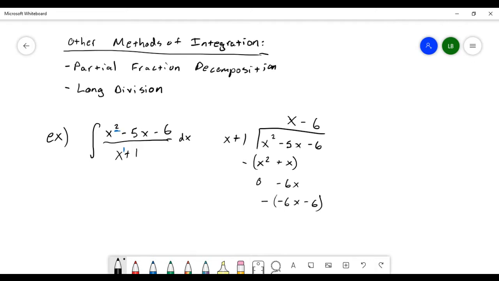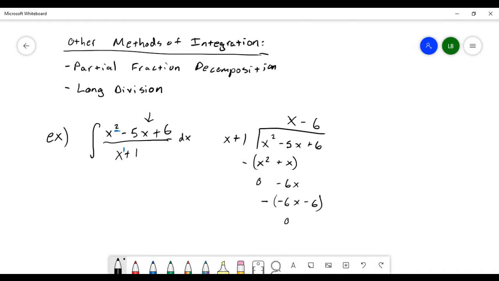And we need to subtract that. Oh, maybe I did just factor this out wrong.